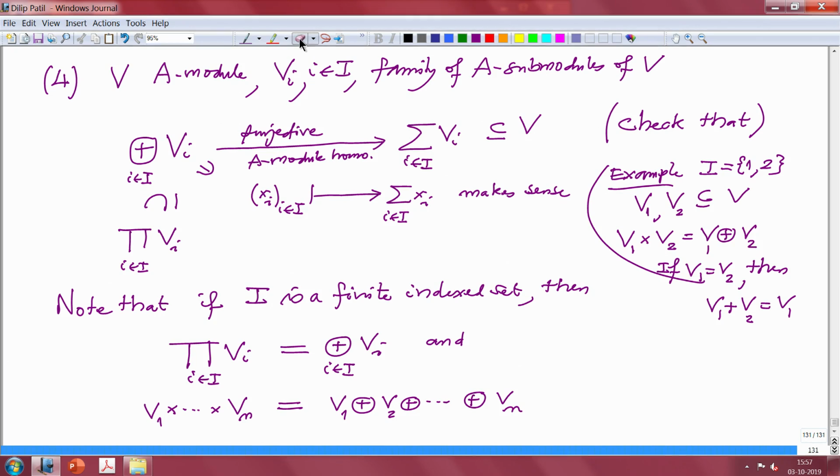I need not write too many terms here. These are the same for a finite set.